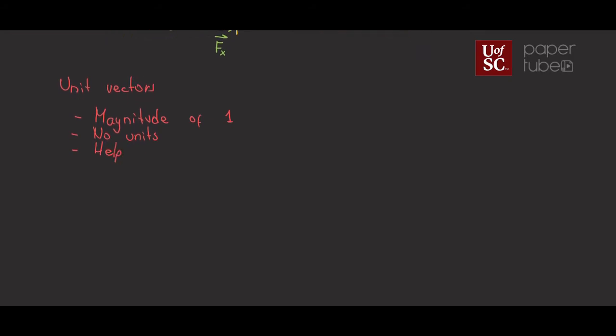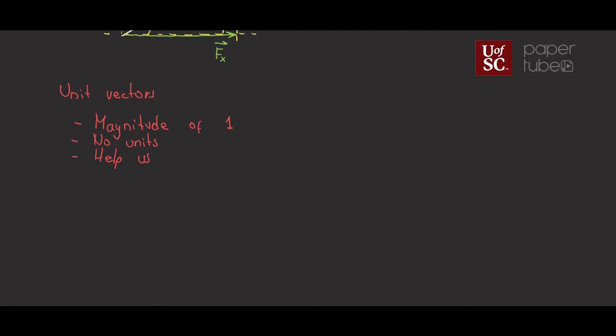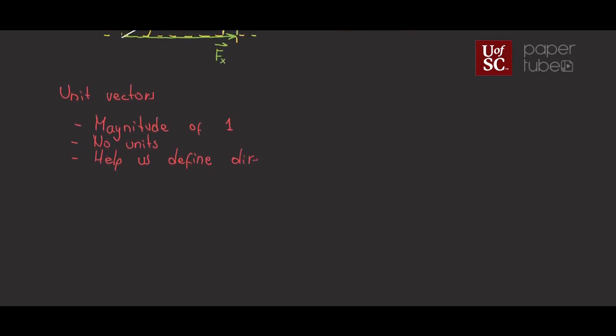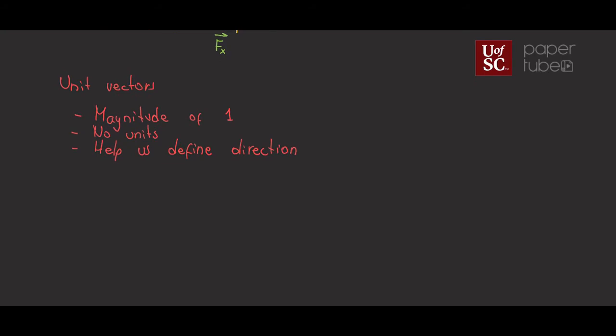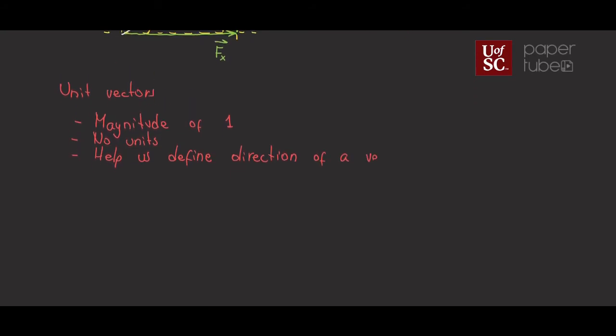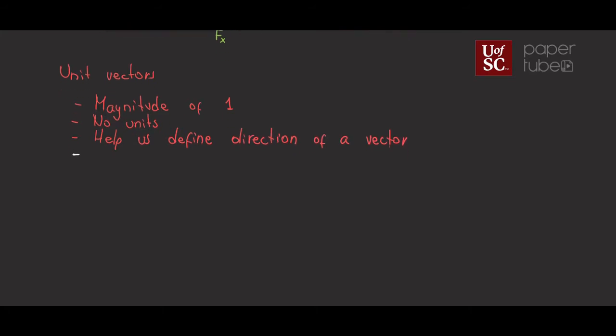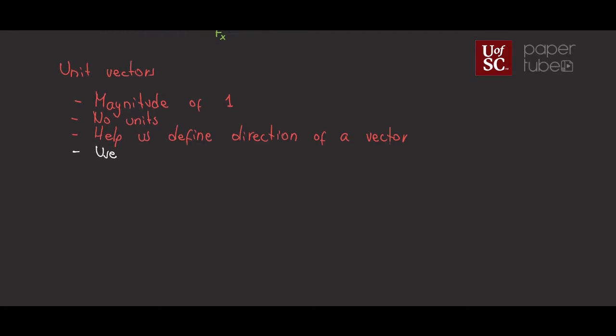This is going to be more evident when we look at forces along a line. One other thing we want to know is that we're going to use a small hat on top of the unit vector to indicate that it's a unit vector.